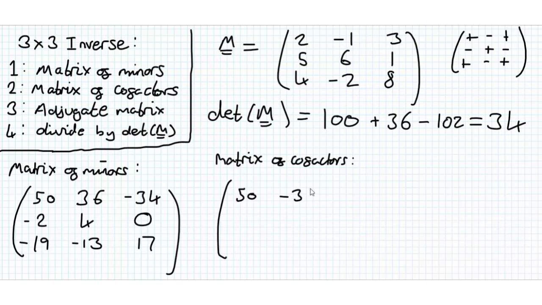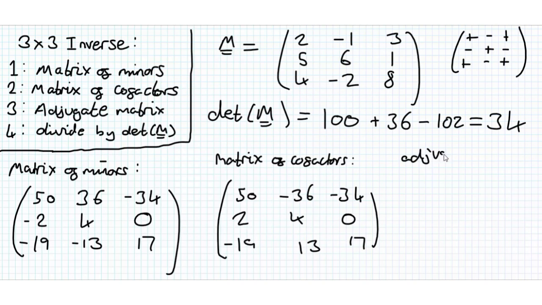Then we get minus 36. We keep the sign of minus 34 the same. Then we have minus 2, but we've got a minus sign here, so we have to change the sign. So that's 2, 4. Well, we get minus 0, but that's just 0. And then we keep minus 19 as it is. Then we get 13, 17. Okay, so we're almost done.